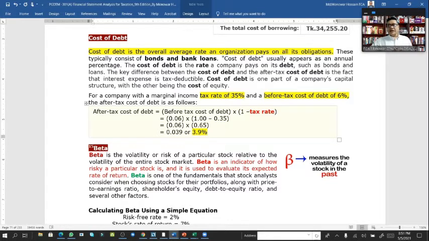The DCT of NBR will allow this expense, and that's why we show all of the expenses within the profit and loss account. So the effective rate is less than the actual rate. After-tax cost of debt is the before-tax cost of debt multiplied by 1 minus the tax rate. So before-tax cost of debt 6%, multiplied by 1, which means 100%, minus 35%, then we'll get 3.9%.